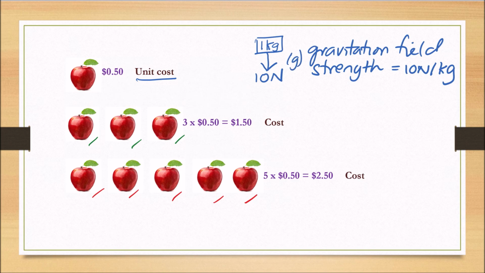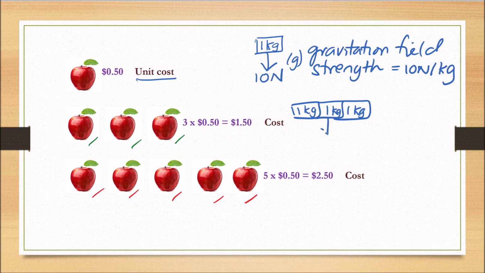So knowing this, if I now tell you that I've got 3 kilograms, something like a model drawing, are you able to show me how much gravitational force is pulling it down? You can, right?